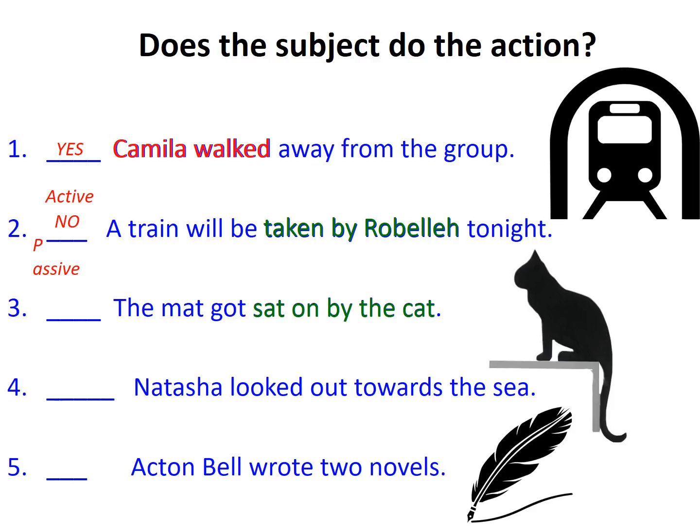Natasha looked out towards the sea. Natasha is the subject of my sentence, and I learn that she looked out. So yes, she does this action, and so I must be dealing with the active voice. Finally, Acton Bell wrote 2 novels. Acton Bell is the subject of my sentence, and they wrote 2 novels.